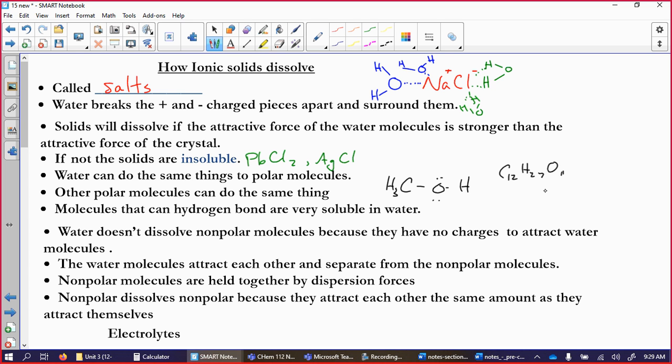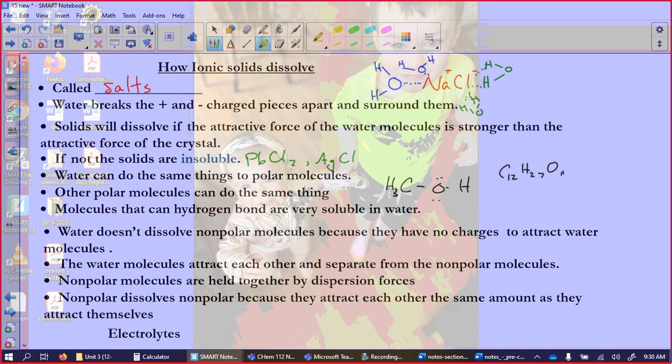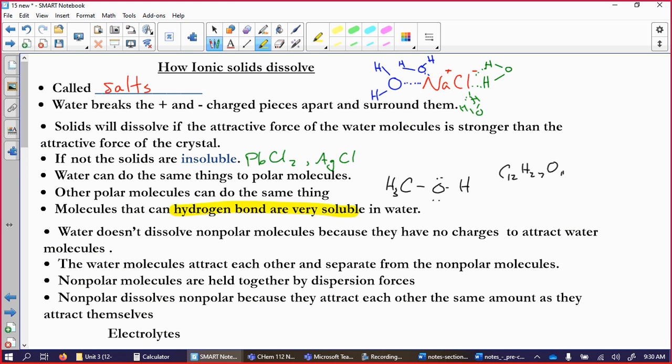Sugar has a whole bunch of these OH groups that water can interact with. It does this through hydrogen bonds. So anything with OH groups tends to be very soluble. Methanol and ethanol are actually miscible with water.